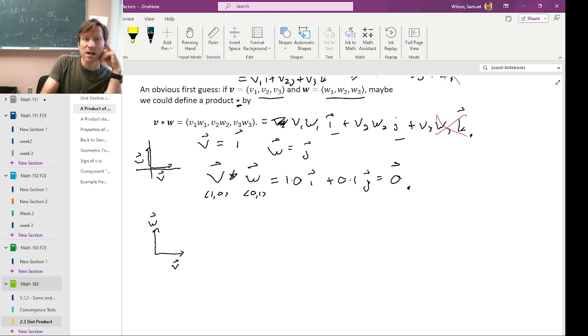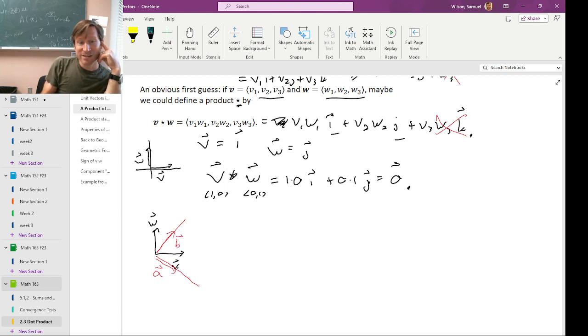And this time, let's say that our coordinate system is like this. Okay, so this means we have a new unit vector pointing in the positive x direction. Calling that i might be confusing, so let's call it a for now. And we have a new unit vector pointing in the positive y direction, and let's call that b for now.